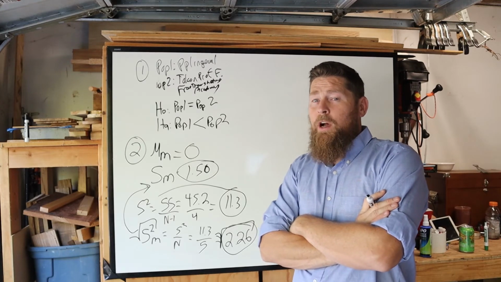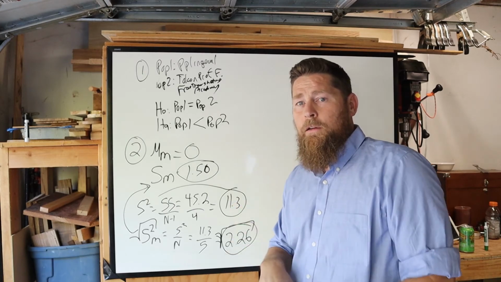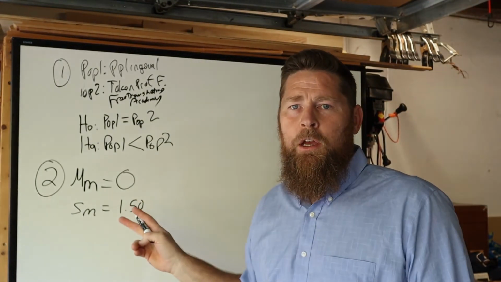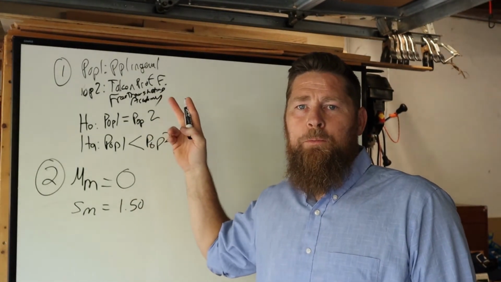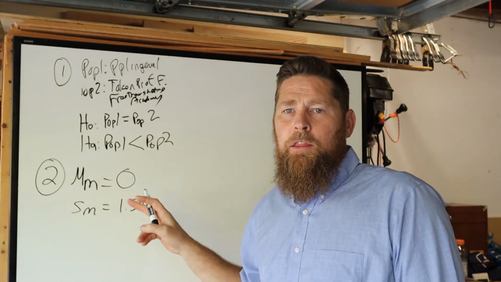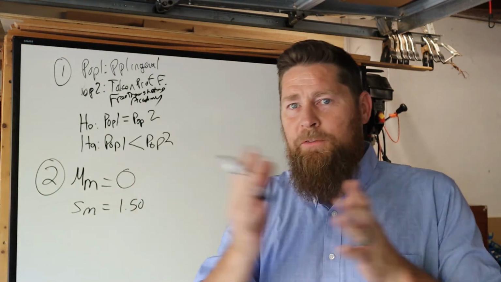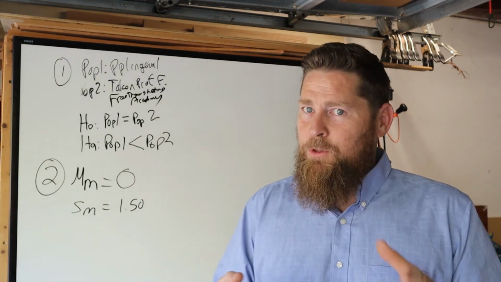Also, now we can draw out a distribution. I'm going to get rid of this, and I'll be right back. Coming back at you. We've got the first step done, population 1 and population 2, H0, H1, and the mean for the distribution of means, which is 0, because if there's no difference from time 1 to time 2, the average difference will be 0.